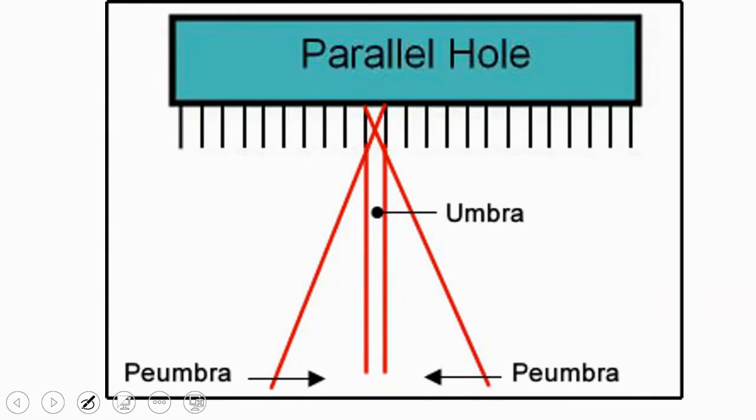Sensitivity means how many counts you can collect, how much detection you can perform per millicurie or per megabecquerel per minute. What does this mean? It means if I bring a radioactive material here and I want to detect the photons coming from it, how many counts will I get per minute?